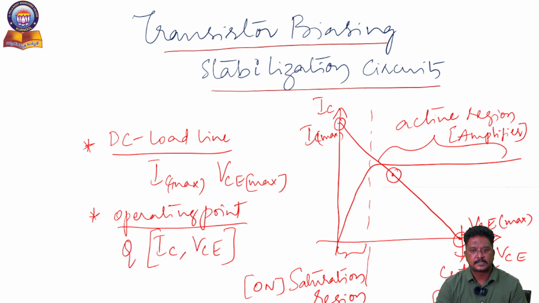For that purpose, in the previous session I came across one more important point, that of course designing the amplifier is not the end of our work. We have to see that the amplifier works throughout its lifetime as an amplifier, nothing but faithful amplification. Whatever importance we give to faithful amplification, we have to give the same importance to stabilization also. So keeping the operating point at the center of the DC load line is an important task.